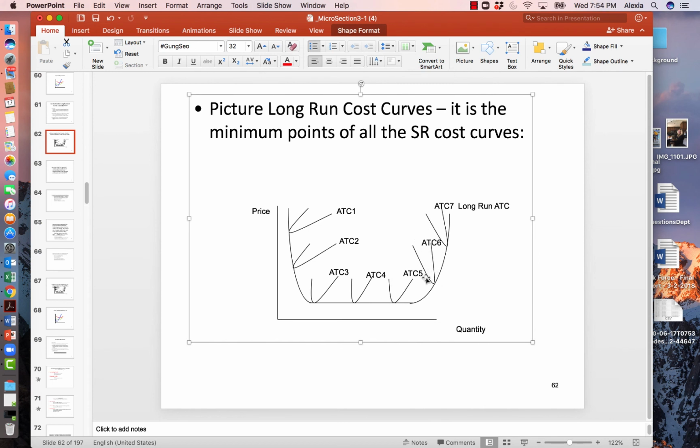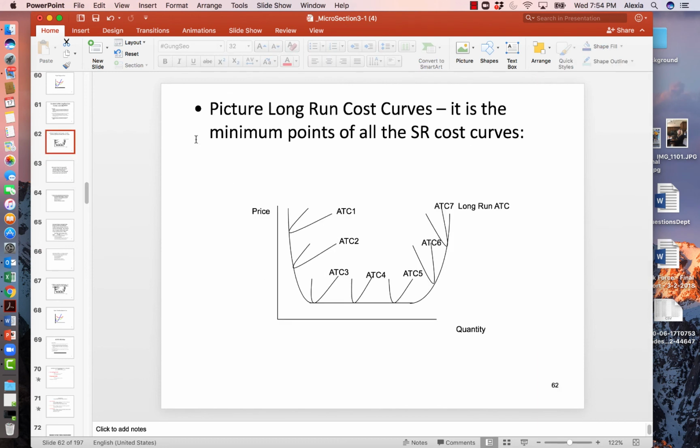We get to 6 stores, we have a new set of cost curves. So what the long run cost curve is, first of all, is the minimum points of all these different cost curves, whether the person has 1 store, 2 stores, 3 stores, 4, 5, 6, or 7. So the long run cost curve, first of all, is the minimum points of all the short run cost curves that this firm could have.